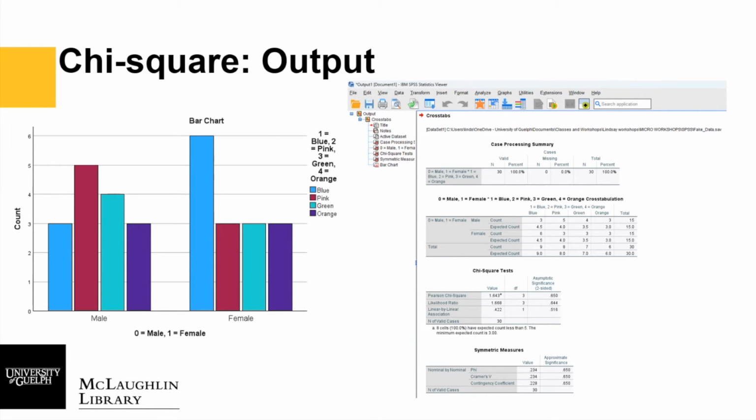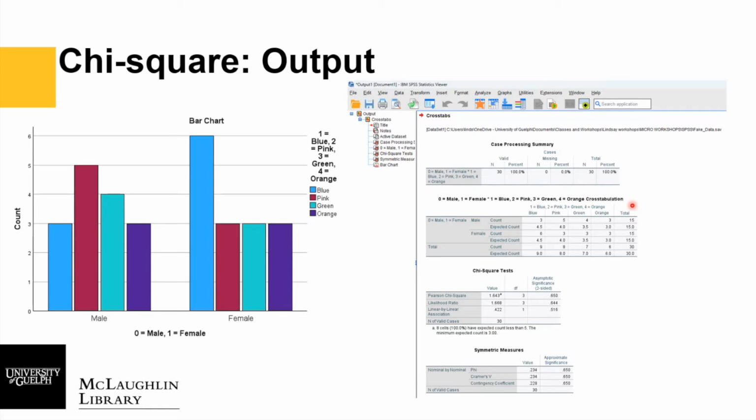Our second table is the chi-square test table. Did I lie? No. Our first one is listed as case processing summary. The second one is labeled based on the label that you used for your different groups. So mine says 0 equals male, 1 equals female, times, the star means times in SPSS, 1 equals blue, 2 equals pink, 3 equals green, 4 equals orange, cross tabulation.